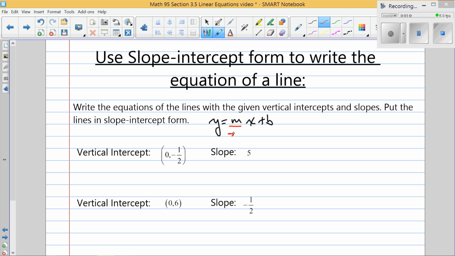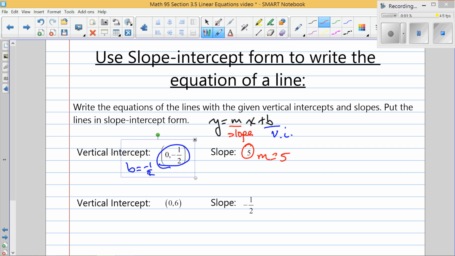M is the slope, b is the y component of the vertical intercept. Looking at this first line, we have a vertical intercept of (0, negative 1/2), so b equals negative 1/2. And we have a slope of 5, so m equals 5.